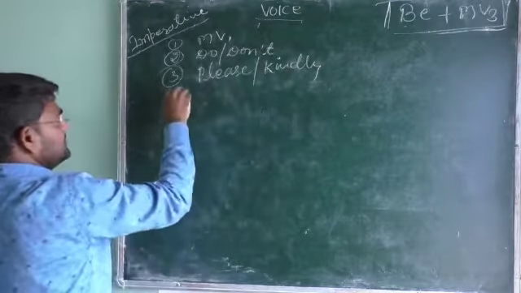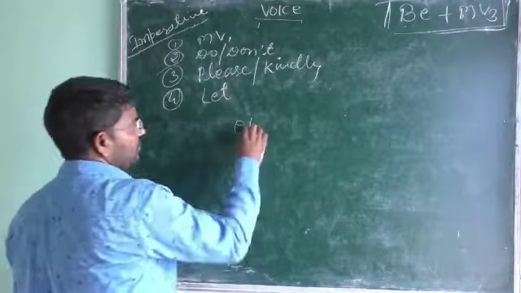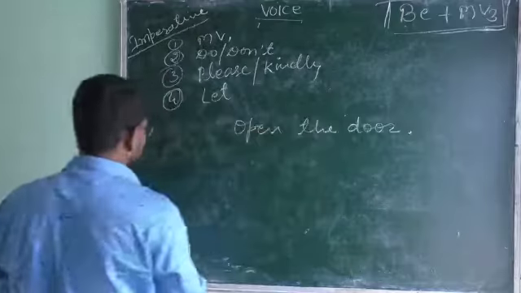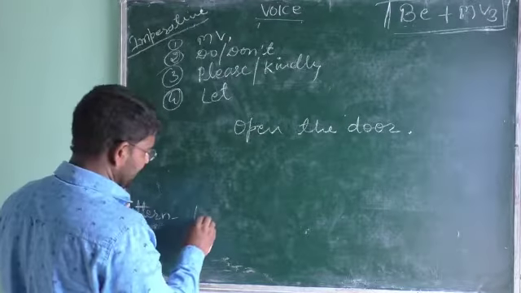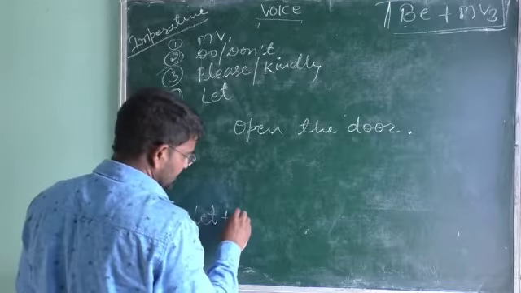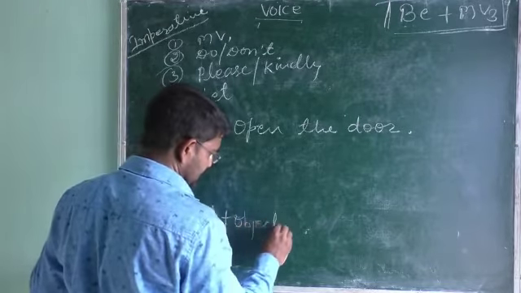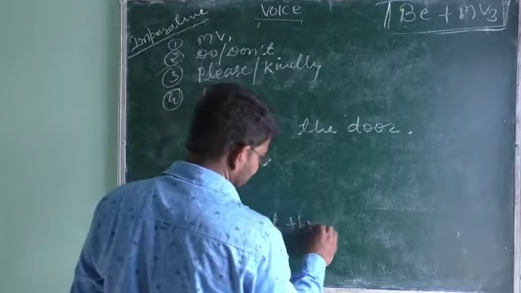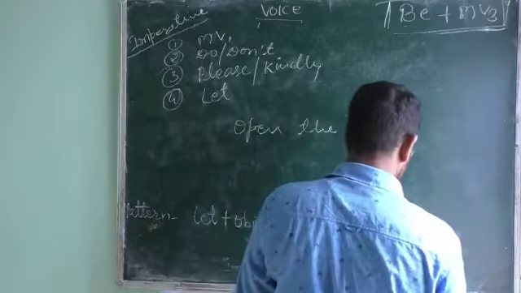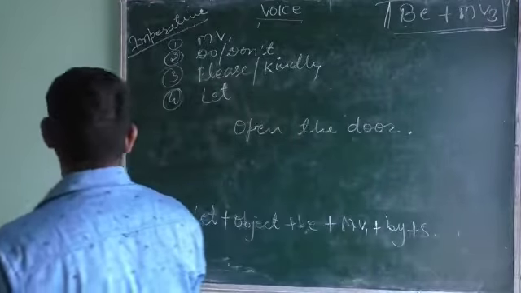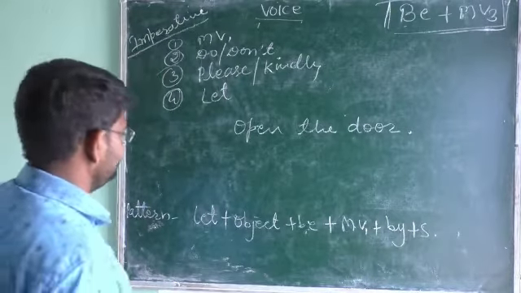And next, the sentence which starts with let. We see here, open the door. And see the pattern of this type: let, after that the object, and next be, and the third form of the main verb, and by subject. This is the formula when we change any imperative sentence.